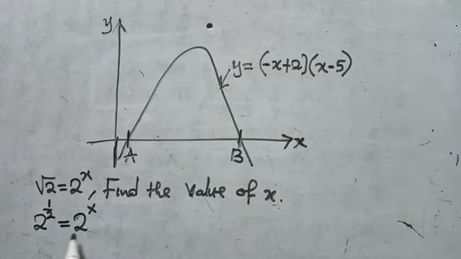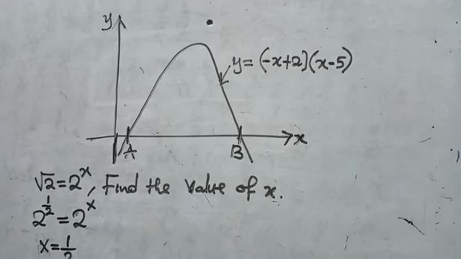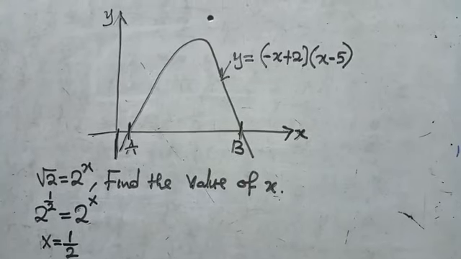If we are having same powers, we are having same bases, the base is the same, we just equate the powers. X is equal to 1 over 2. That is the answer. Just like this. This is what you are supposed to do.